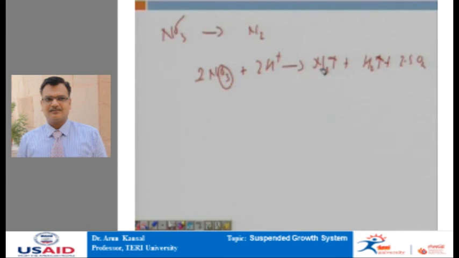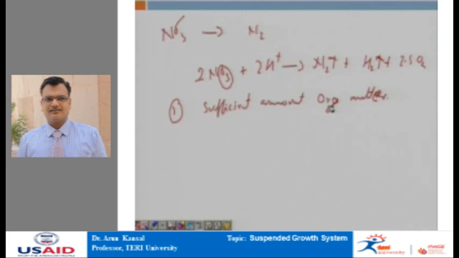The requirement for denitrification is, first of all, that we should have a sufficient amount of organic matter, because unless organic matter is present, the organisms will not oxidize it and exert oxygen demand.